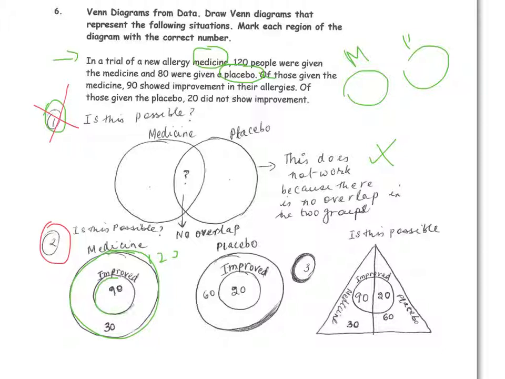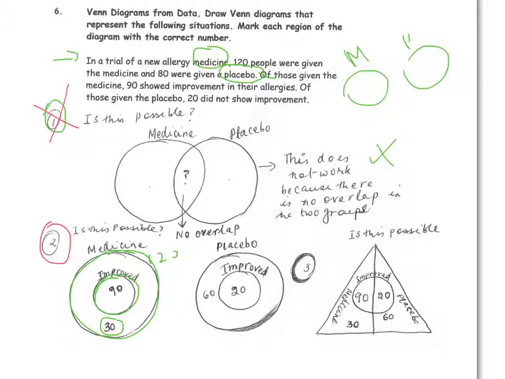So that's the reason why they're sitting inside the circle of people who actually took the medication. So 90 of those people showed improvement, which means the rest of them did not show any improvement. So they did take the medicine but did not show any improvement. So this seems like a clear representation of the information that is given.